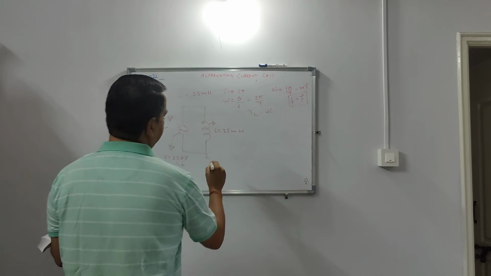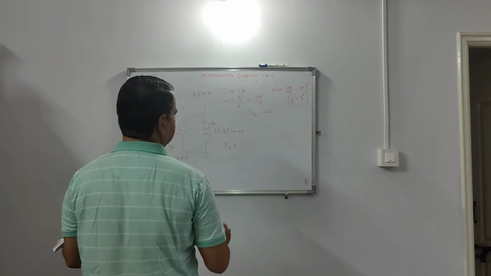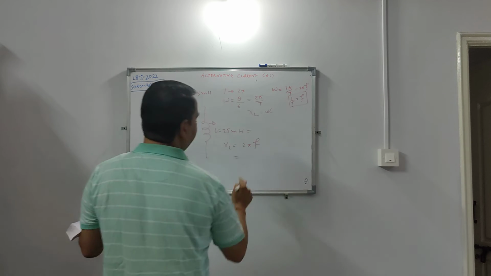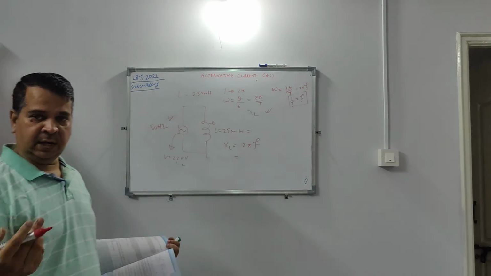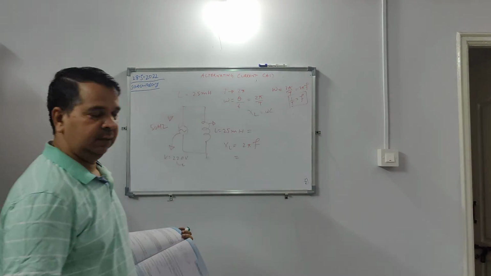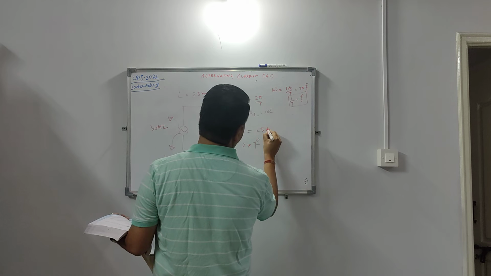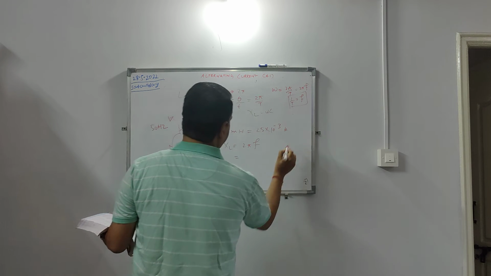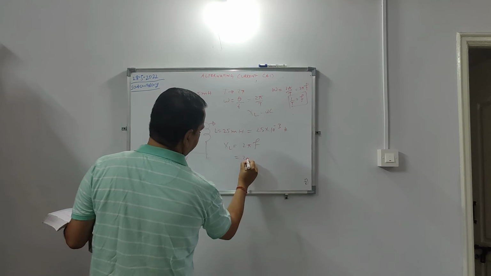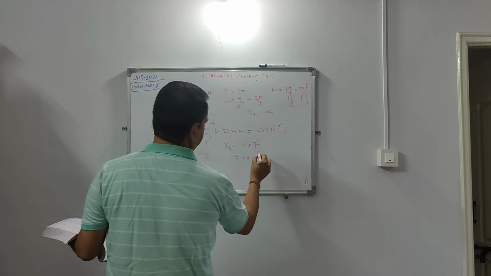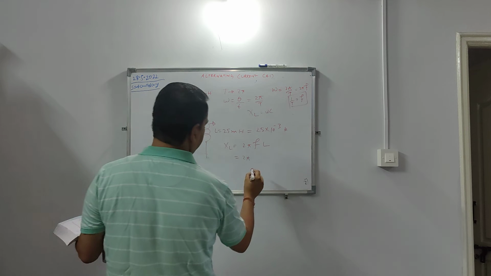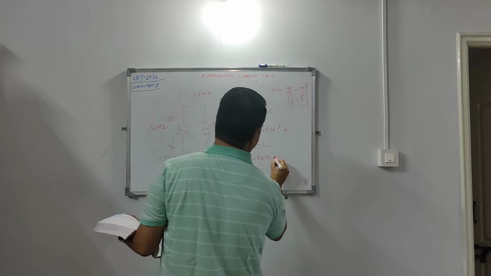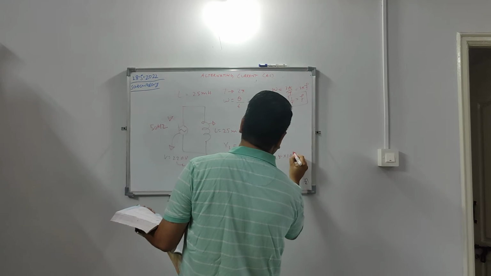Inductive reactance we have to find out. So XL is equal to omega, that is 2 pi F into L. This millihenry we have to convert into Henry so that everything is consistent in unit. So it is 25 into 10 to the power minus 3 Henry. Then 2 pi into frequency, which is 50, and L is 25 into 10 to the power minus 3.